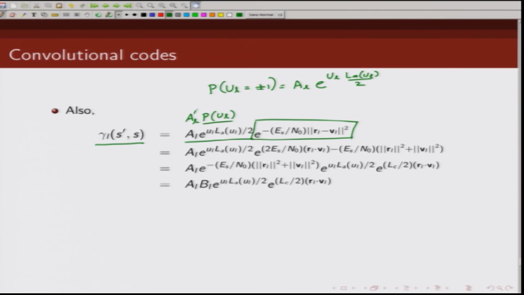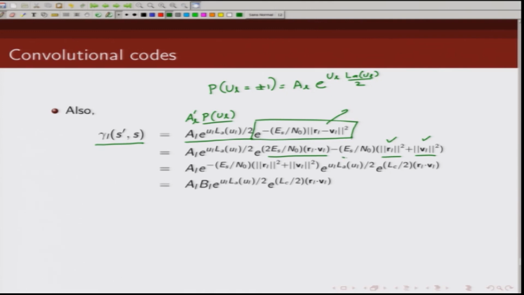This we can expand as r squared plus v_l squared plus 2 times the dot product of r and v_l. Now, this does not depend on the choice of v_l, and if v_l is mapped to +1 and -1, v_l squared will be 1. So this also will be a constant term.